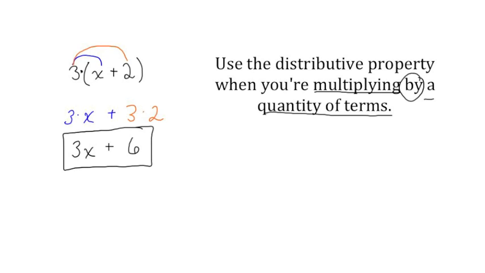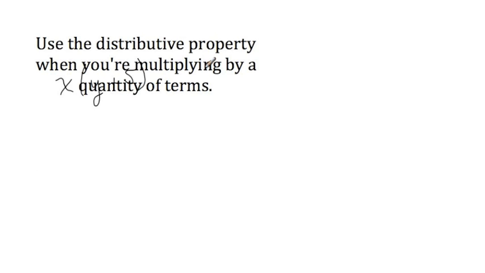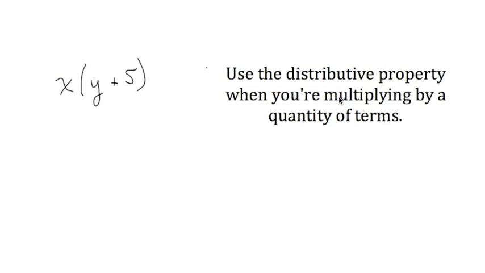Let's consider another example. Let's take x times the quantity y plus 5. Remember, you can use the distributive property when multiplying by a quantity of terms. So let's see if we meet this requirement here. Here, there is multiplication. I'm multiplying x by a quantity, and inside we have things being added.